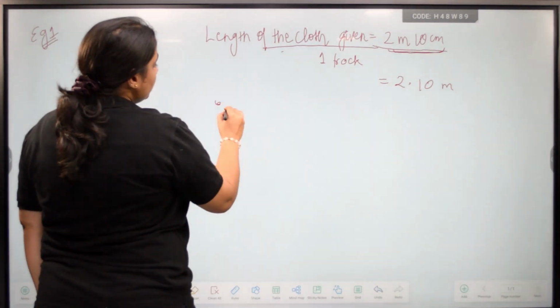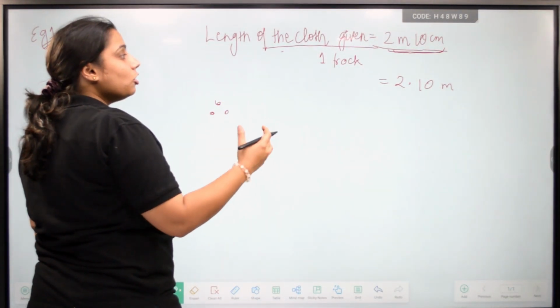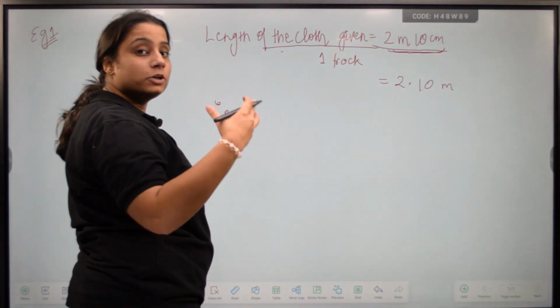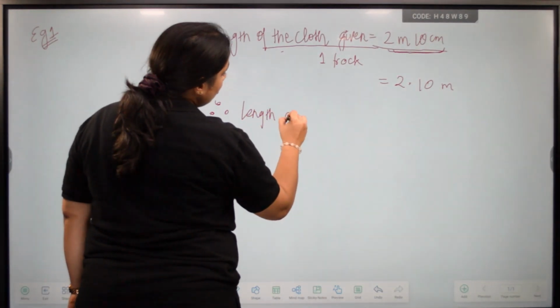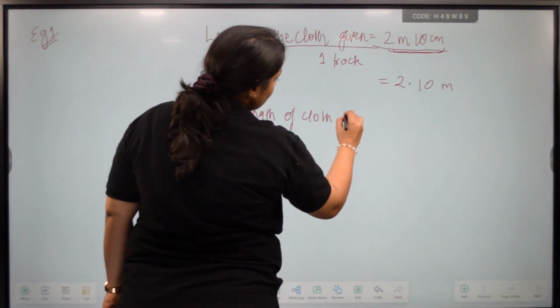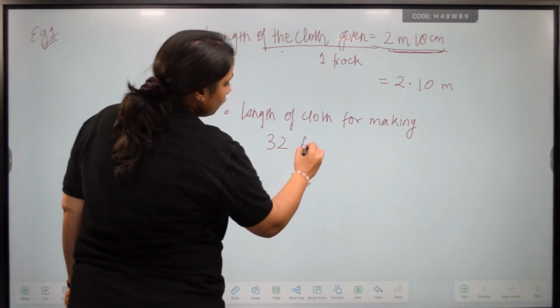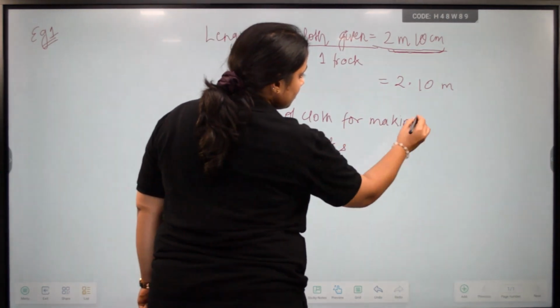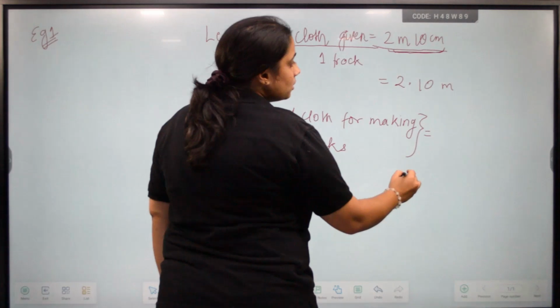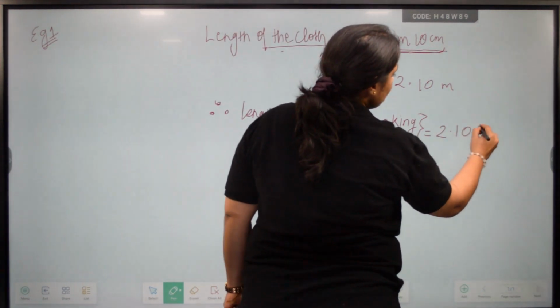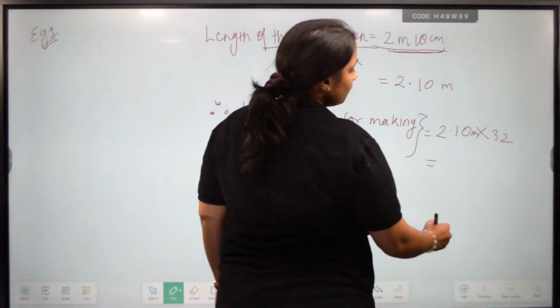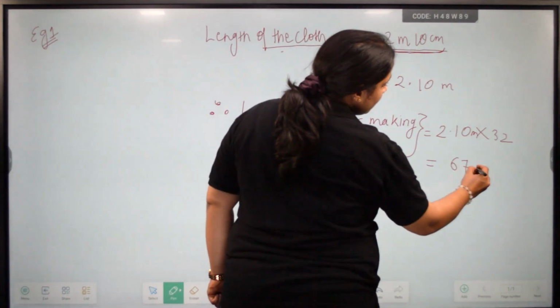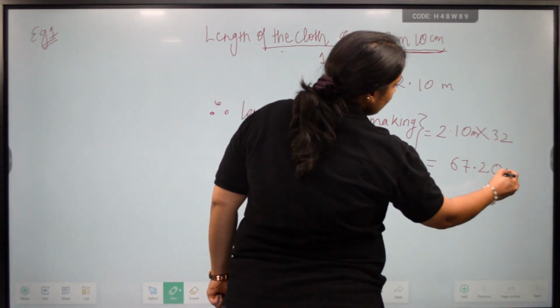Now we need to find the length of the cloth that is being used to make 32 such frocks. So length of cloth for making 32 frocks is equals to 2.10 meter into 32, which is equals to 67.20 meters.